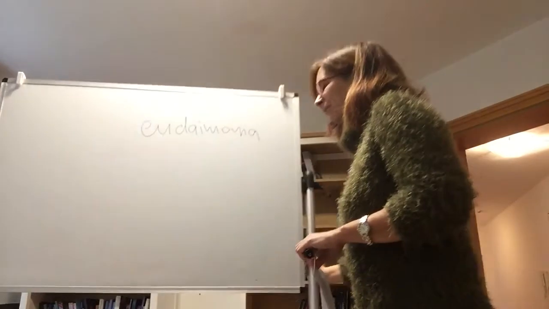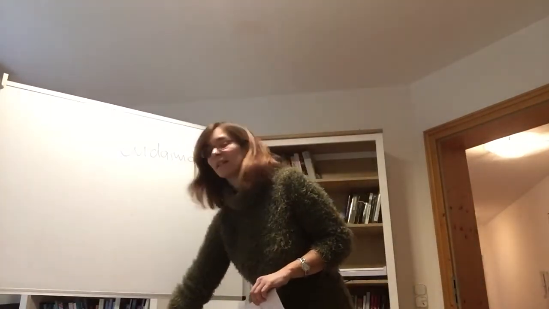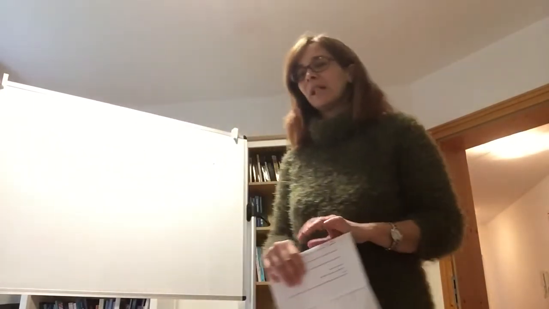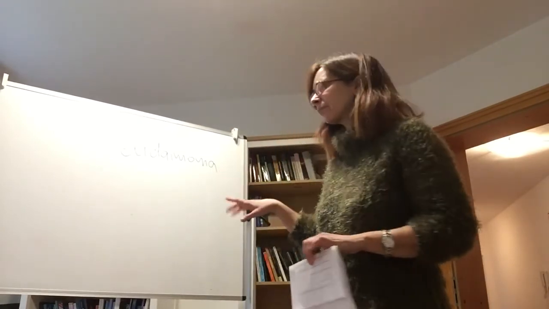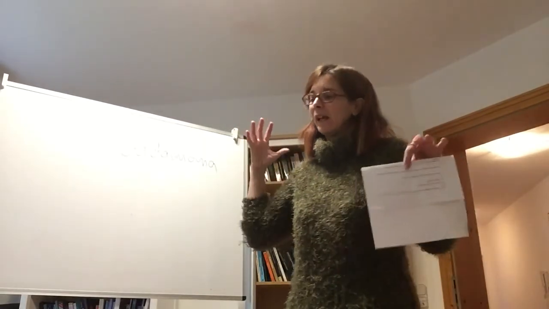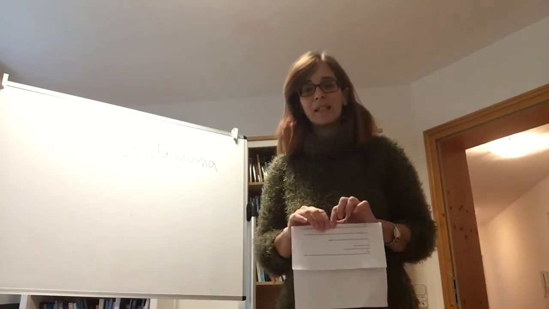As we shall see, the idea of fortune and luck is extremely significant to Aristotle. It will come up again and again in the Nicomachean Ethics and in all his moral philosophy. But for now, this is just the etymological origin of the word, that it means to have a positive demon over your life.